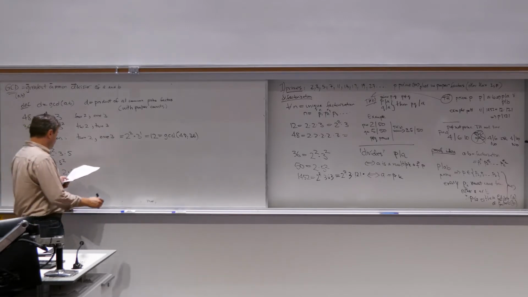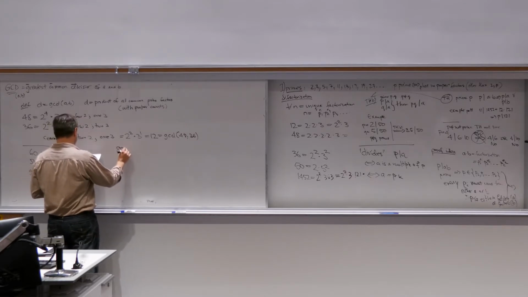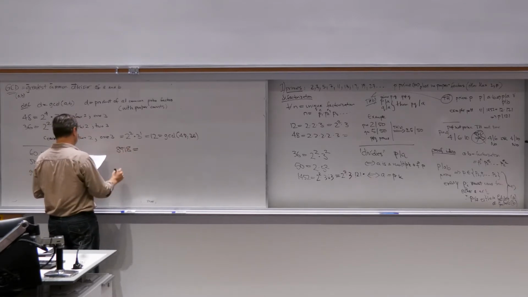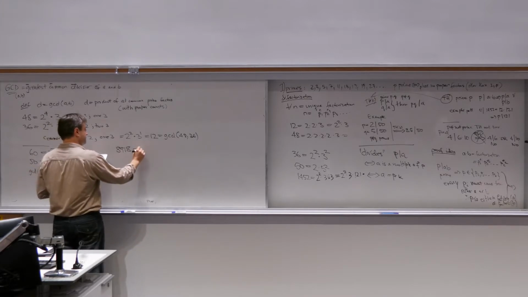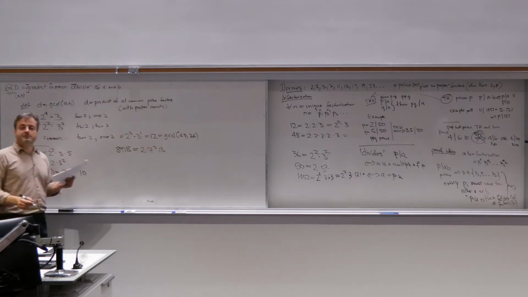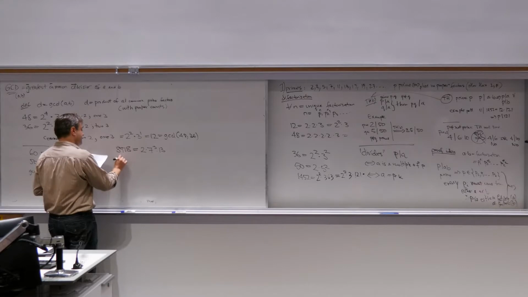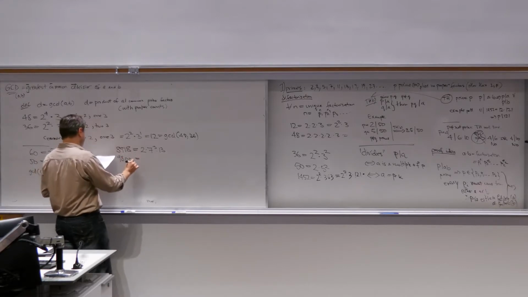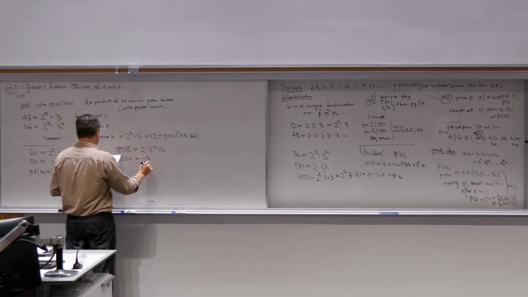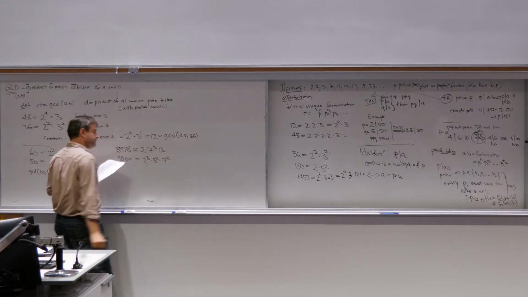How about 8918? What is this? This is 2 times 7 to the third times 13. I think you can believe me on that. 9800 is 2 to the 3 times 5 squared times 7 squared.